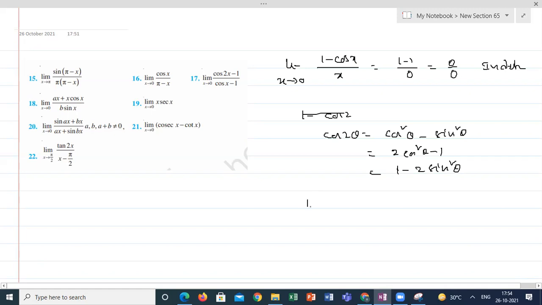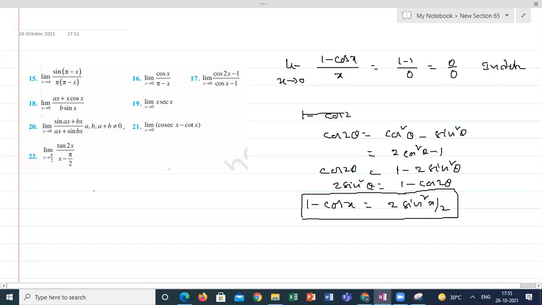From here, 2 sin square theta is 1 minus cos 2 theta. If theta is half, in place of theta substitute x by 2. Then you will get this expression. So 1 minus cos x can be written as 2 sin square x by 2. Will you agree? This is the trigonometric half angle formula. Is this step clear?